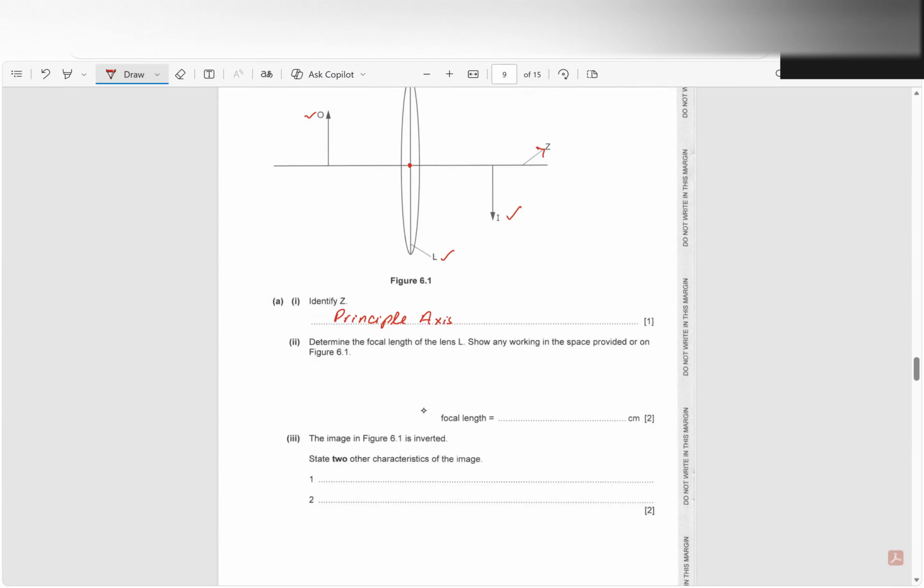Do you remember the principal ray? The principal ray is basically that ray which is going to travel parallel to the principal axis before hitting the converging lens. So we're going to use that ray which is going to be parallel to the principal axis till before it hits the converging lens.